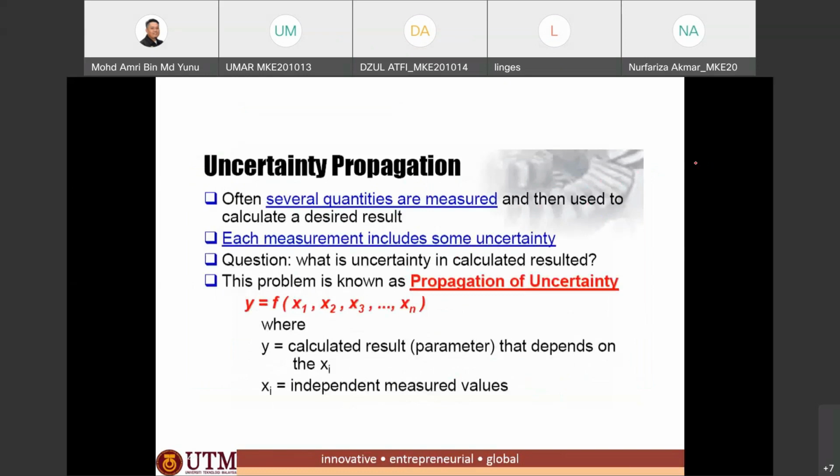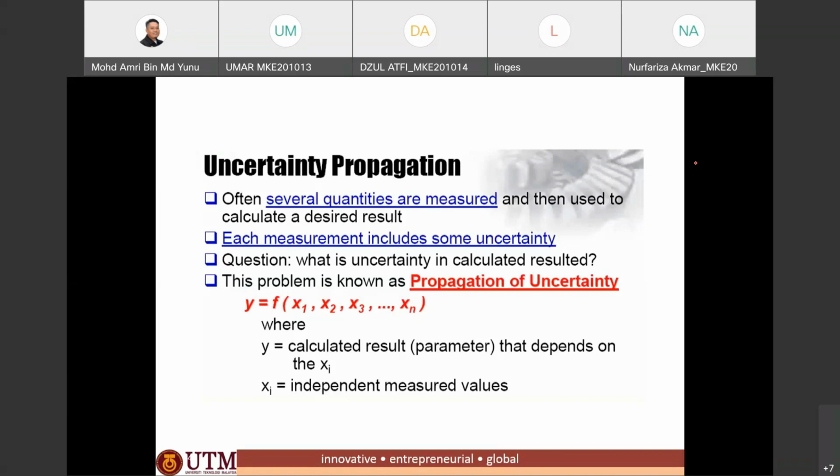So in one set of measurement, maybe it is a combination of multiple quantities, for example a summation or multiplication or division of several quantities.